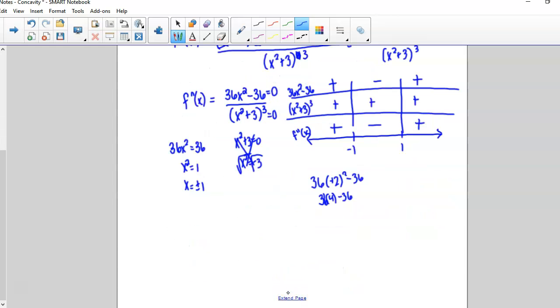And so whenever we have a positive second derivative, that tells us that we're concave up. For f of x, this is down, this is up.